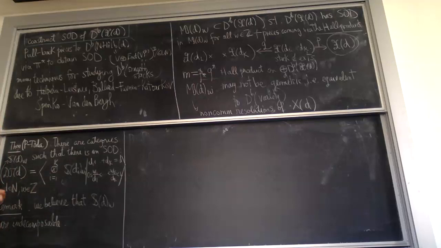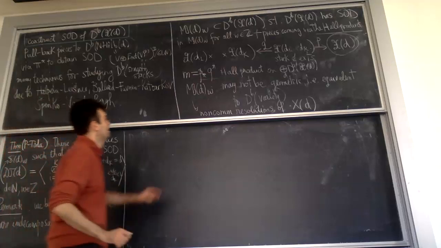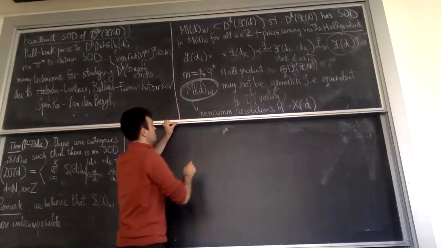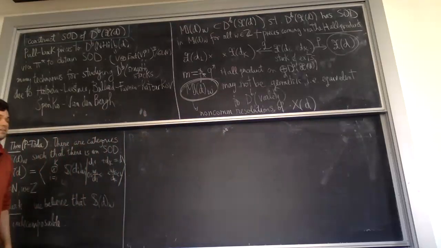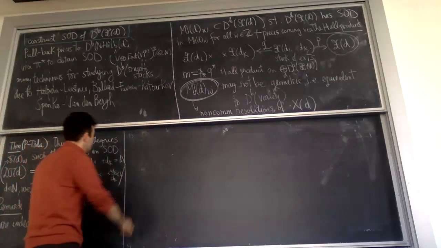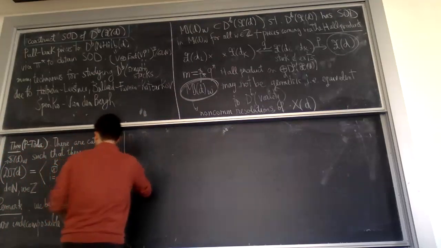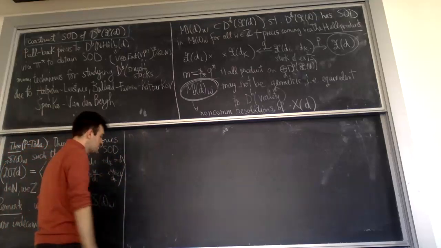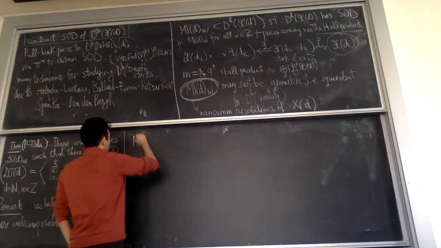Okay. So now I have to explain the definition of these categories MDW. These are the main characters in this theorem, because these categories SDW would be matrix factorizations where the summands are in these categories.